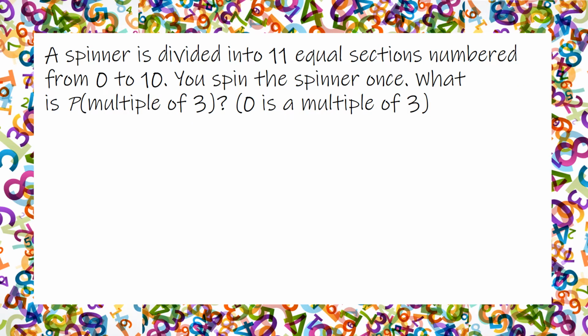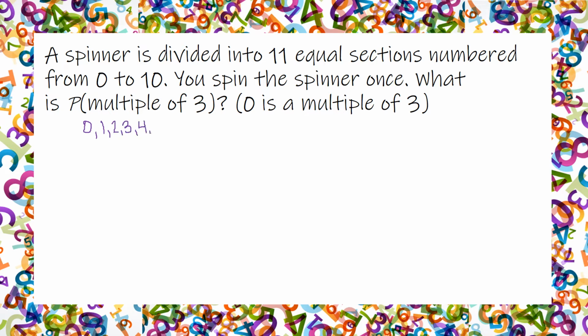A spinner is divided into 11 equal sections numbered 0 to 10. You spin the spinner once. What is the probability of getting a multiple of 3? So on this one, 0 is considered a multiple of 3 because 0 times 3 is 0.